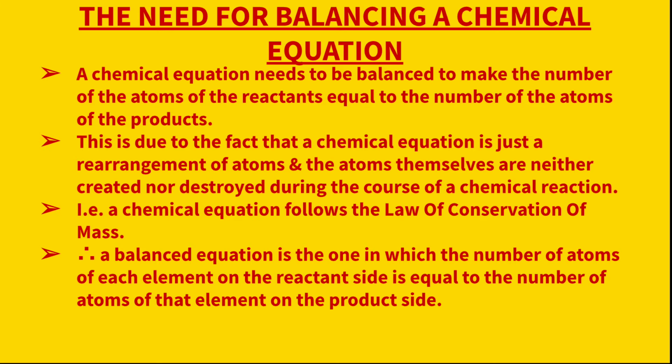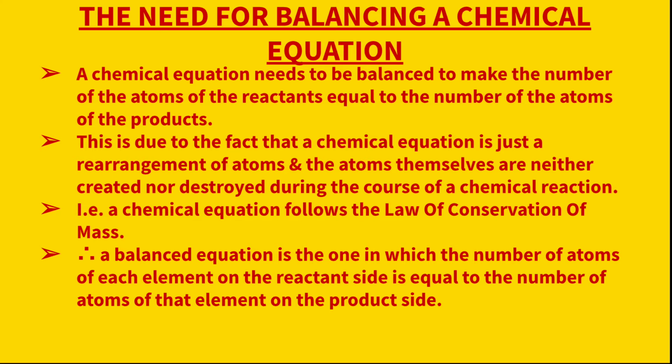Next is the need for balancing a chemical equation. A chemical equation needs to be balanced to make the number of atoms on the reactant side equal to the number of atoms on the product side.